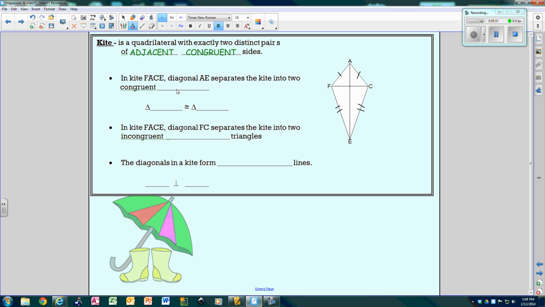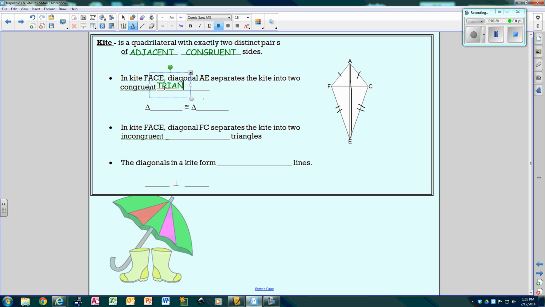So in kite FACE, the diagonals separate the kite. So I've got this diagonal and this diagonal, and what they do is they separate it into 2 congruent triangles. So if you look at AE, notice you have the triangle on the left and the triangle on the right. So these 2 triangles are congruent to each other.